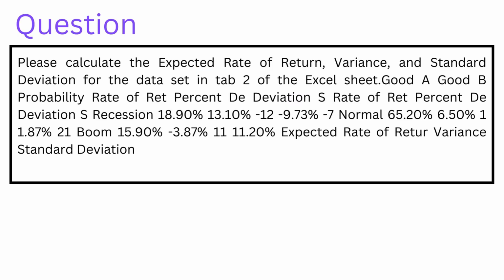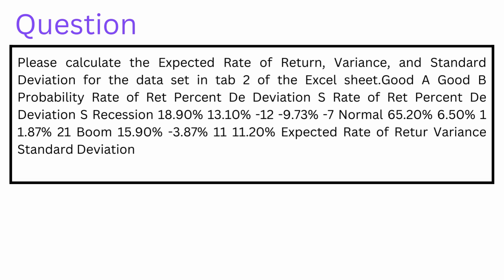Please calculate the expected rate of return, variance and standard deviation for the data set in tab 2 of the Excel sheet. Good A, Good B, probability, rate of return percent, deviation as rate of return percent, deviation: recession 18.90%, 13.10%, minus 12, minus 19.73%, minus 7; normal 65.20%, 6.50%, 1, 1.87%, 21; boom 15.90%, minus 3.87%, 11, 11.20%.